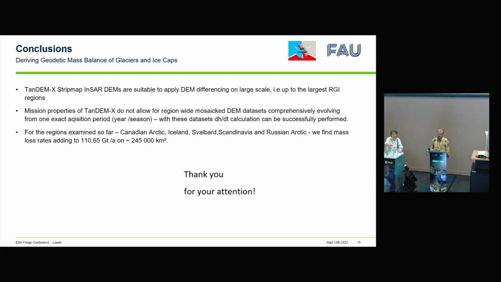The mission properties do not really allow us to make completely year-consistent and season-consistent mosaics, but when we sort them very carefully, then those elevation change maps can successfully be performed, and the mass loss rates can be extracted. Yeah, and the rest I already told you, and with that I want to thank you for the attention, and I'm ready for questions.